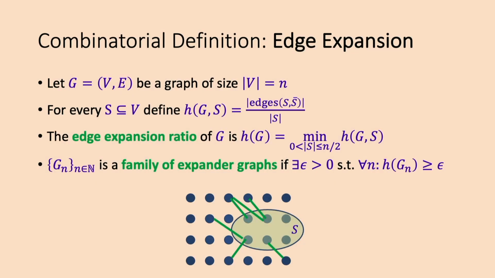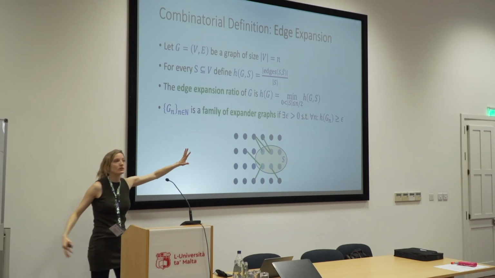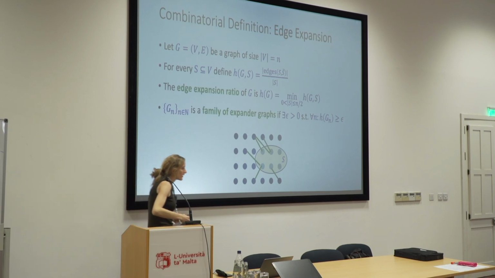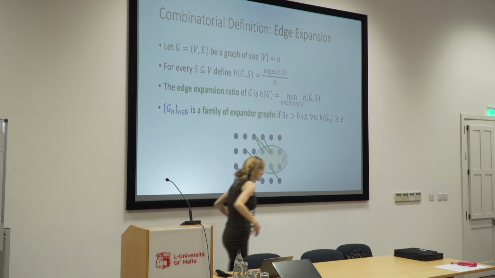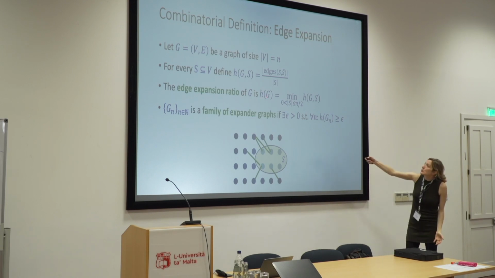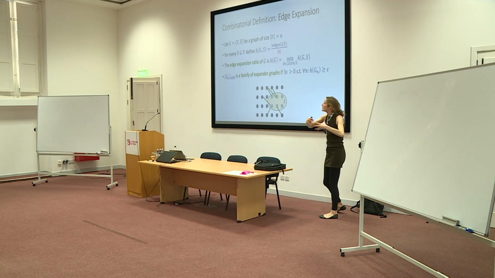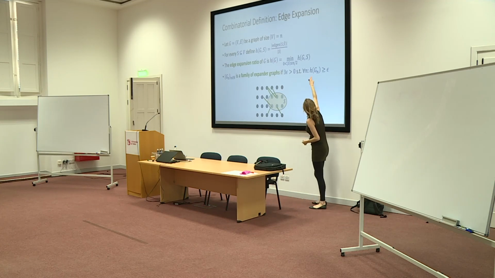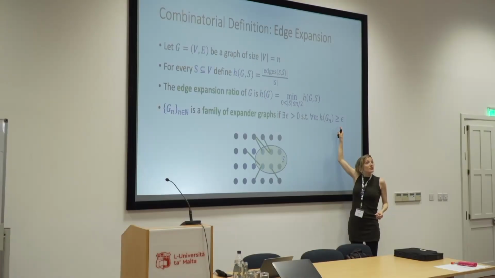Okay? And now going back, remember, all of these three are for one fixed graph. And I want to say, when is this family of graphs expanding? So intuitively, what this line is saying at a high level is that as I'm getting bigger and bigger in the graphs, this value, this edge expansion of G sub n, does not go to 0.